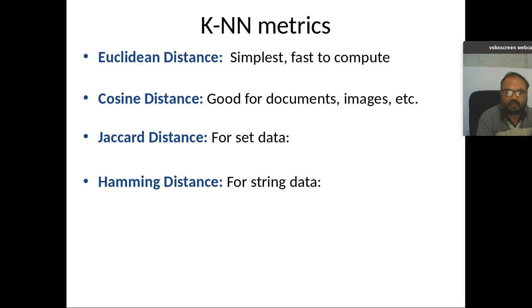Then we can use cosine distance, which is good for documents and images. Then we have Jaccard distance, which is used for set data. It basically depends on how many items in two sets are the same and how many items are different. And for string data, we use Hamming distance.